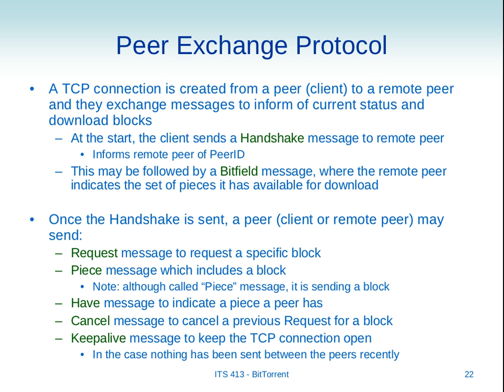So it may have a list of pieces that it's already downloaded. The bit field message encodes that set of pieces. So it says, I have piece 1, 3, 72 and 99. That's what the remote peer tells the client peer. So now the client peer knows the set of pieces that the remote peer has available.